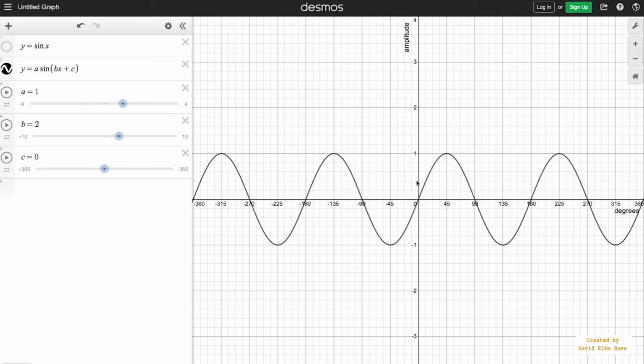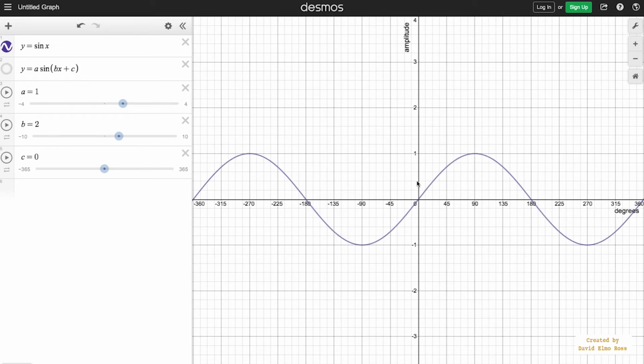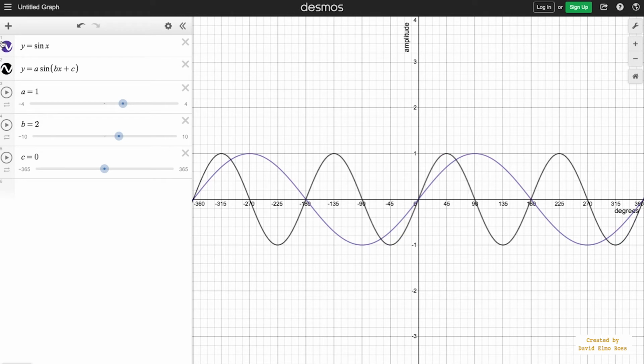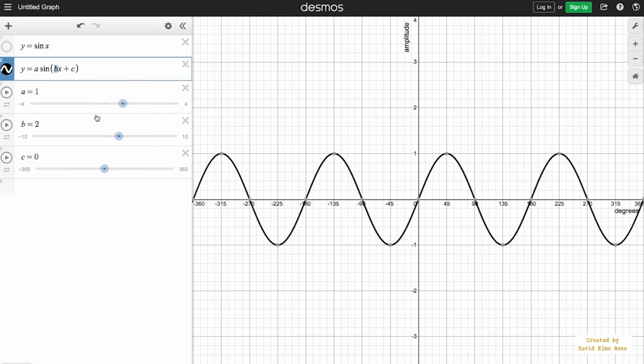Whatever frequency we had before with this wave, say a frequency of 1 unit and a period of 1 unit here, what we've done is increase the frequency by double by making the period half. So the B part here is changing the frequency of our wave.